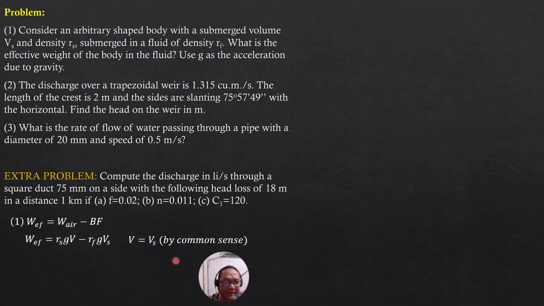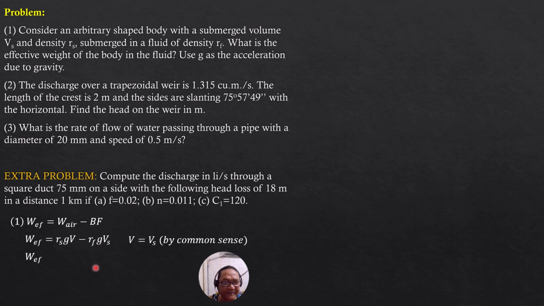And the effective weight is the difference between the weight of the body in air and the buoyant force. And as I said, if the body floats, then effective weight would be zero. Because it has a value, then the idea is the body should be totally submerged. So that's why we have arrived at this conclusion.